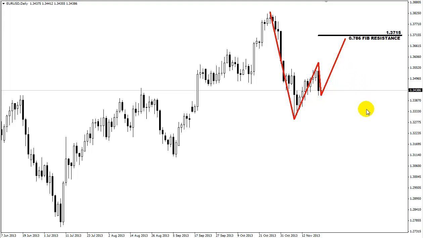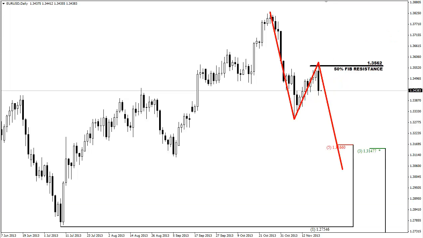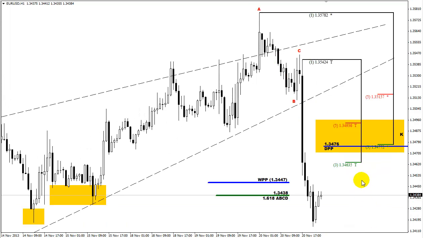Especially in my opinion, I think that we have more chances for downward continuation, as I have already shown here with this ABCD to the downside. So for the upward risk, we must pay attention to the levels that I have already specified, especially the K area and this upward trend line here.